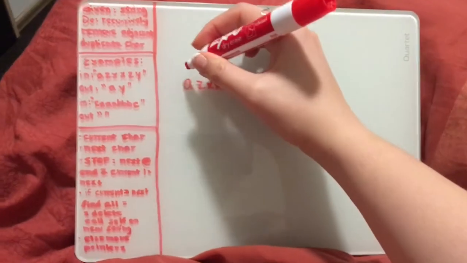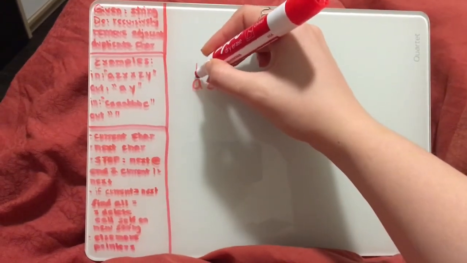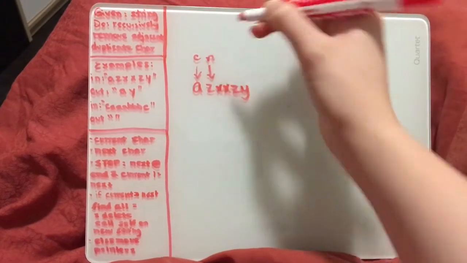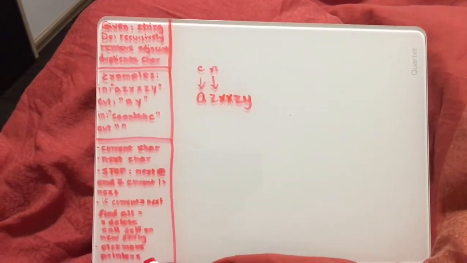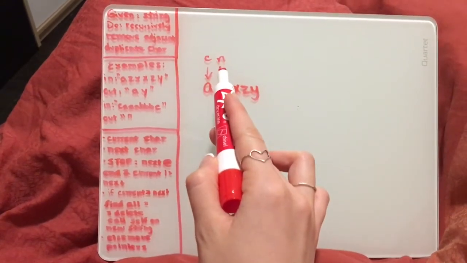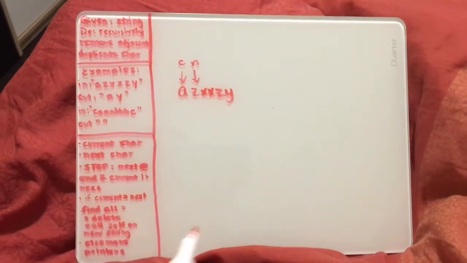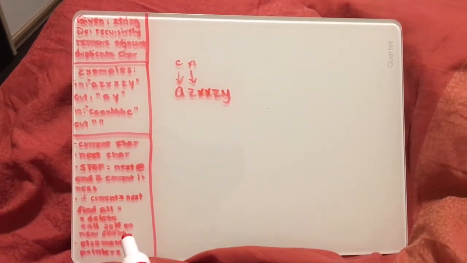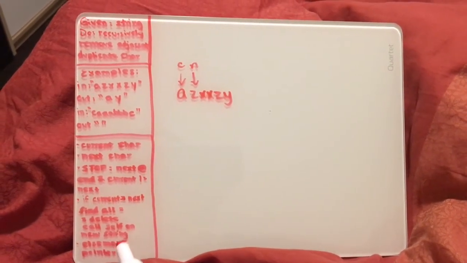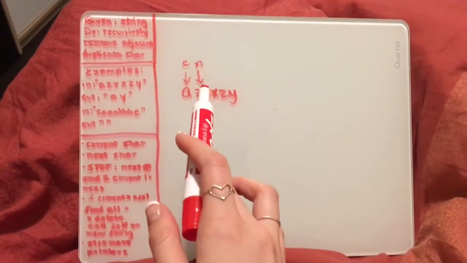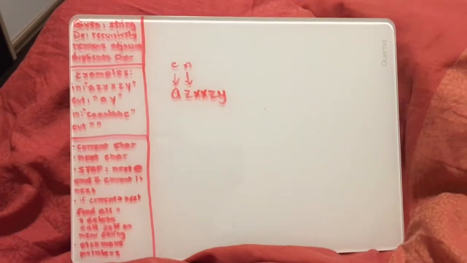So let's draw that. Let's say this is the current, this is the next. Since the next is not at the end, we're not going to stop. Now, if the current is equal to the next, which it's not, let's skip that for now.